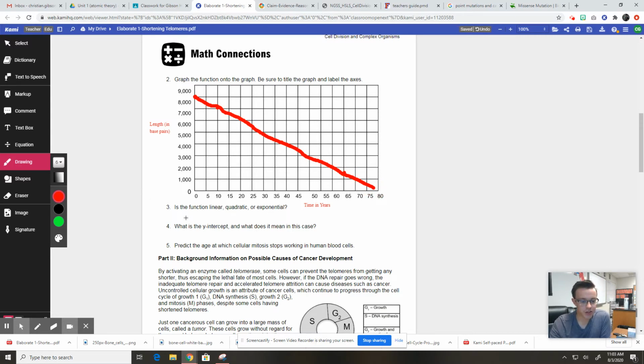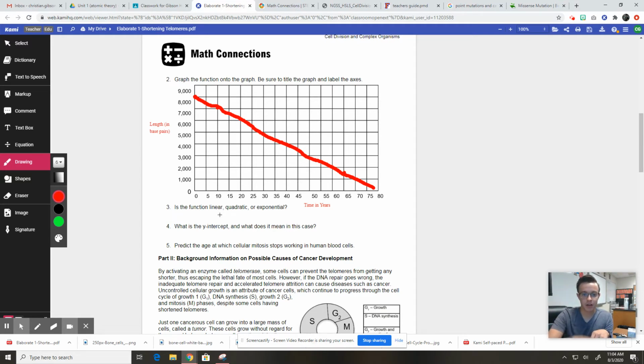Now, the next question says, is this function linear, quadratic, or exponential? If it were linear, that means our line is pretty much a straight line. If it were quadratic, that means you have a parabola, basically. You either have it going in like a hill or it looks like a valley.